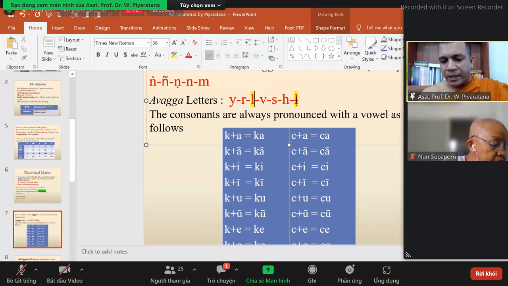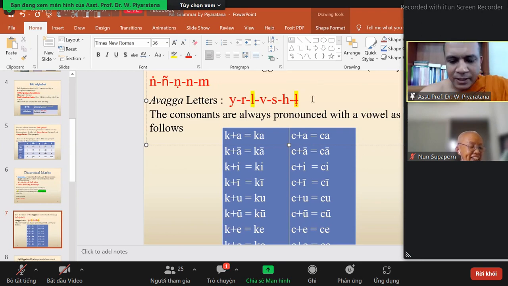For example, moola and moolha. The two terms: moola means root, with the shorter sound.